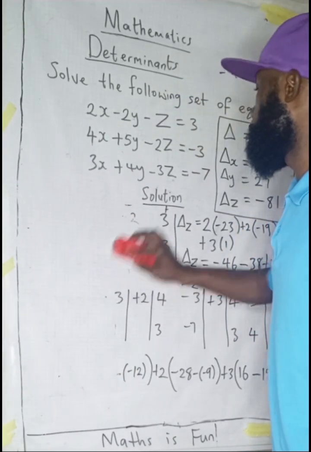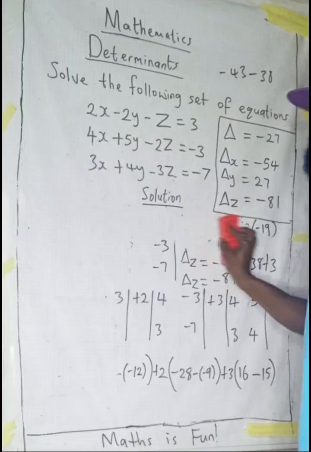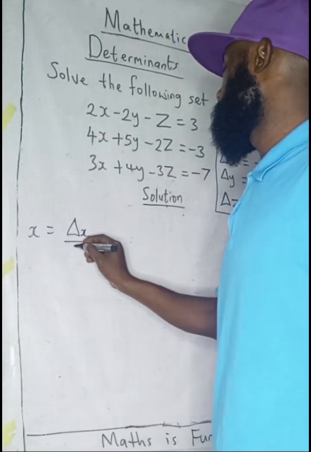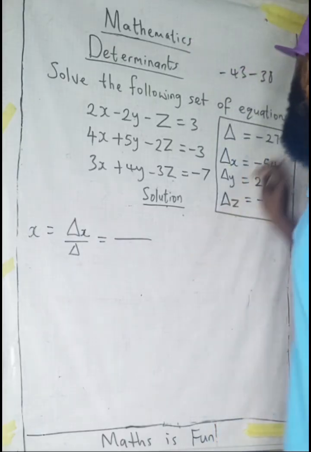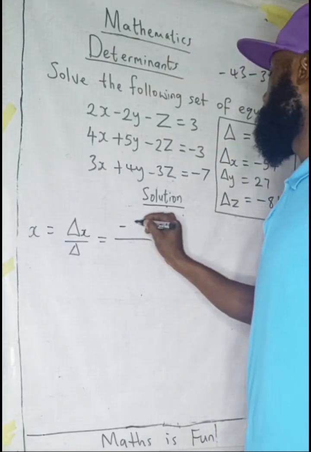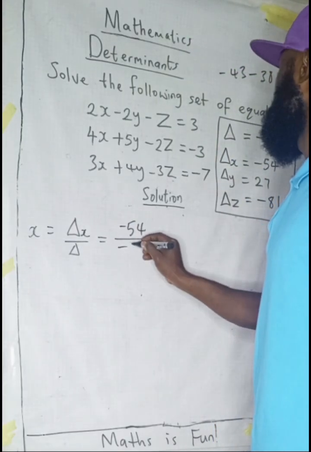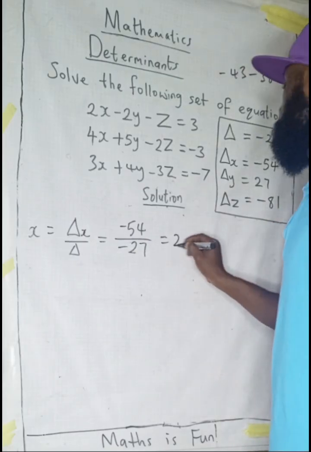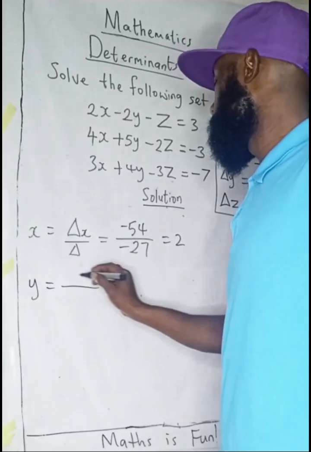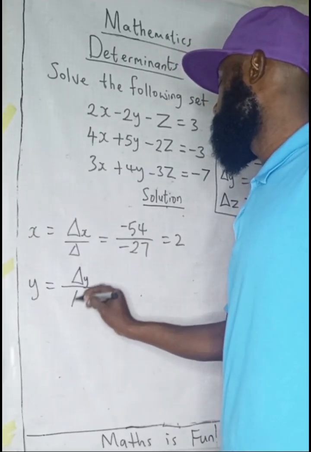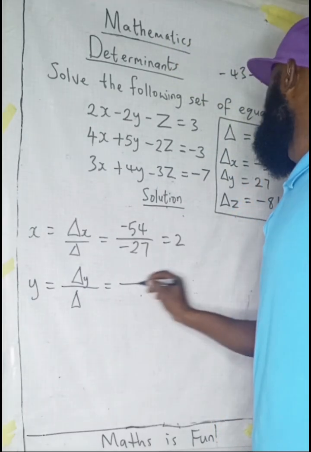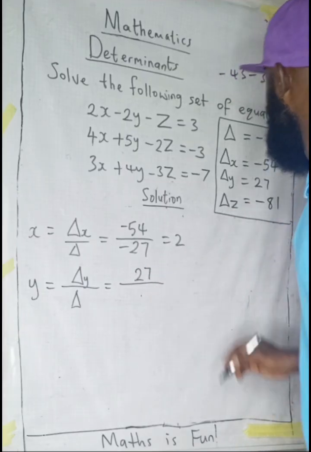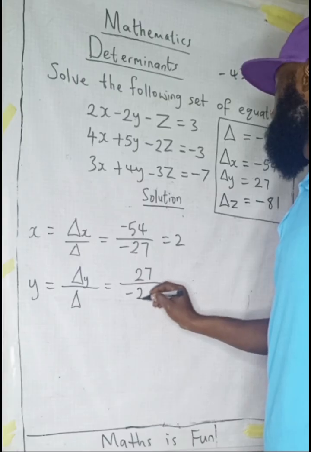So we can now find the value of X, value of Y, and the value of Z. X will be delta X over delta, which is what? Minus 54 over minus 27, which is equal to 2. So Y will be equal to delta Y over delta, which is 27 over minus 27.